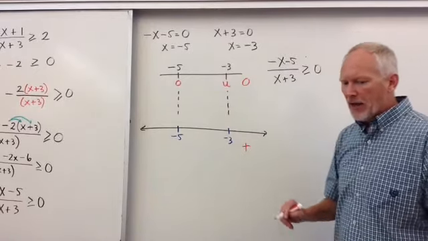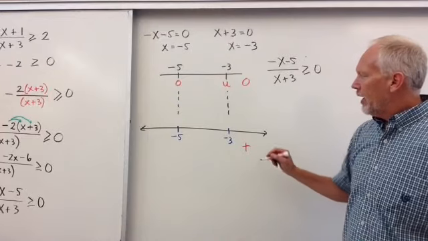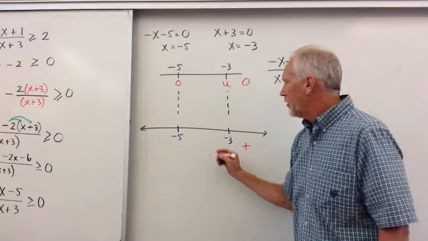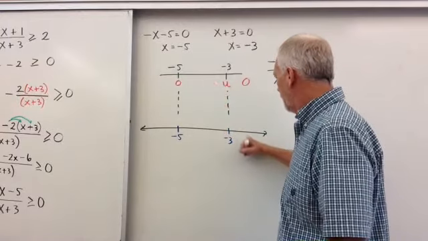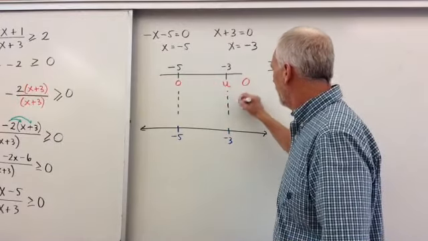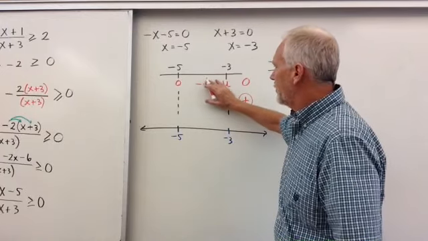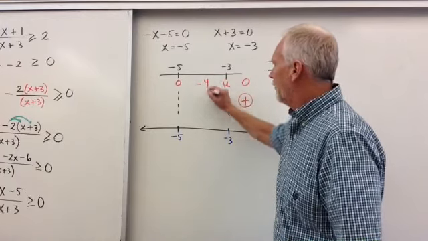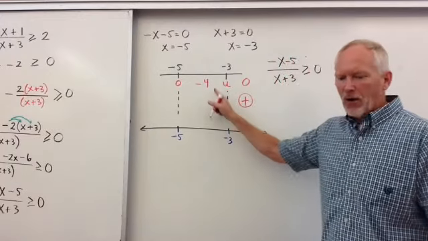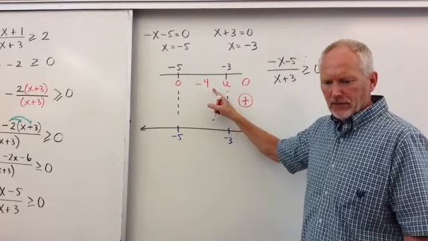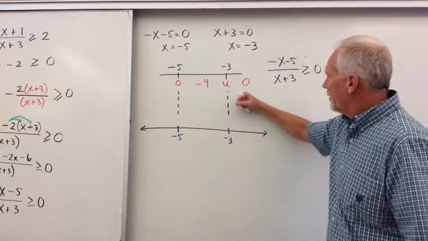Okay, and then I want to know what is in between negative 5 and negative 3, so I'm going to choose negative 4.